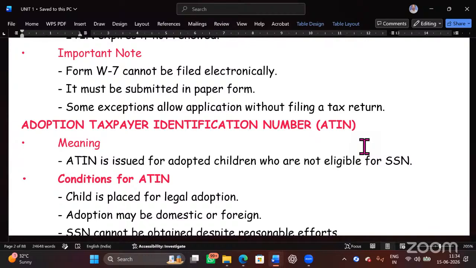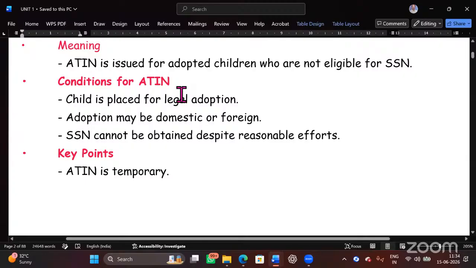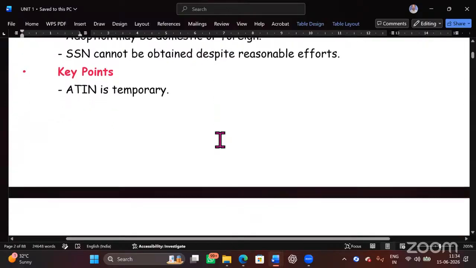But the adopted child must have either a social security number or some other number. If a social security number has not been allotted to that child so far, one number can temporarily be allotted to the child. That is called Adoption Taxpayer Identification Number. With this number, the taxpayer can get the tax benefit of the adopted child. It is just in the legal process, not finalized, so he is not getting a permanent number. Temporarily, you can get that number.